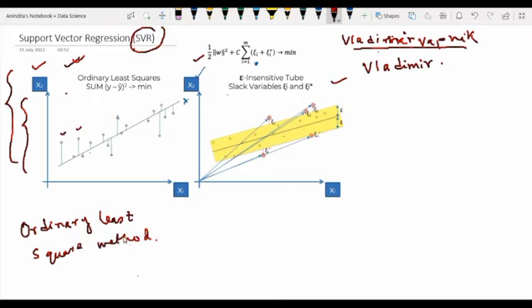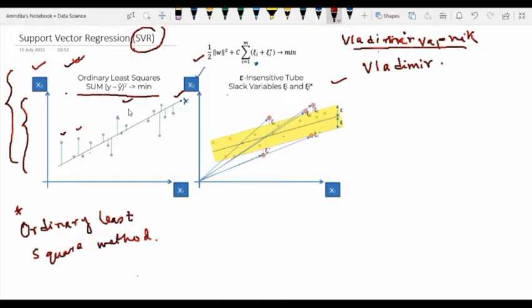Whenever we talk about simple linear regression, keep in mind that the method we use is the ordinary least square method, and this is the formula. It is applied to find this line, which I think is visible to you all. This formula is used to find this regression line on the left.